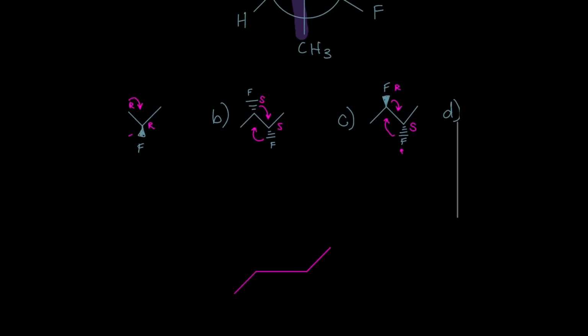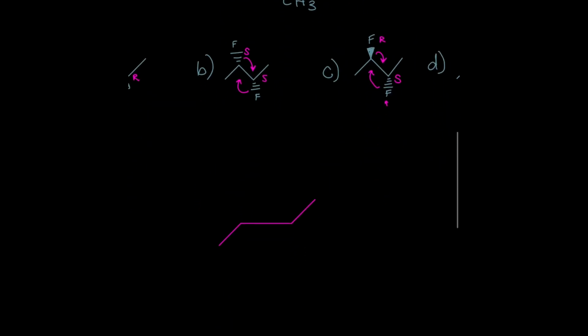The right one is going to be, so I know this looks like there's 4 carbons here, like 1, 2, 3, and 4, but really it's just 2 carbons. It's your front carbon, and then your back one.